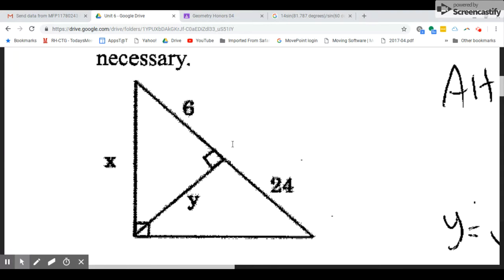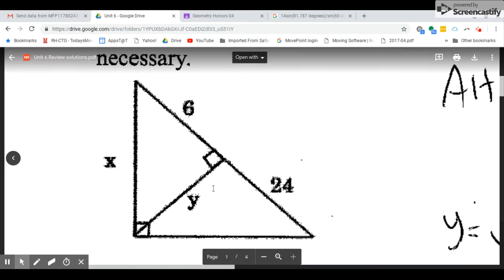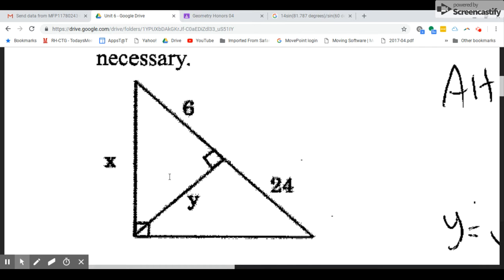Whenever we have that special situation, remember, all 3 of these triangles are now similar. The 2 small triangles and the big triangle are all similar to each other. But we came up with some special ratios.